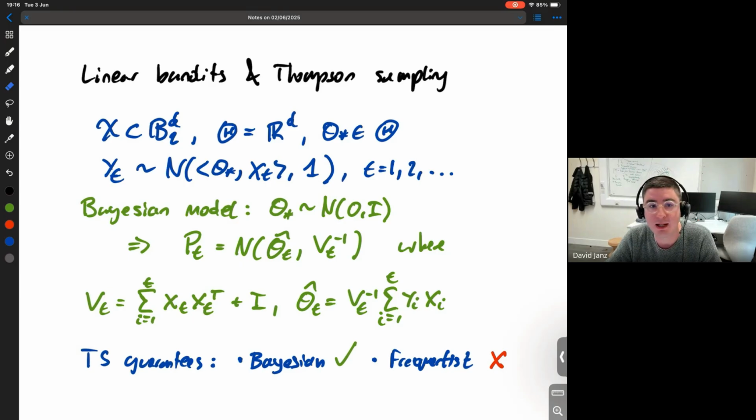We pick a theta star in R^d, and the rewards the learner receives are normally distributed with the mean given by the inner product of the action chosen in R^d with this unknown theta star, say variance 1.